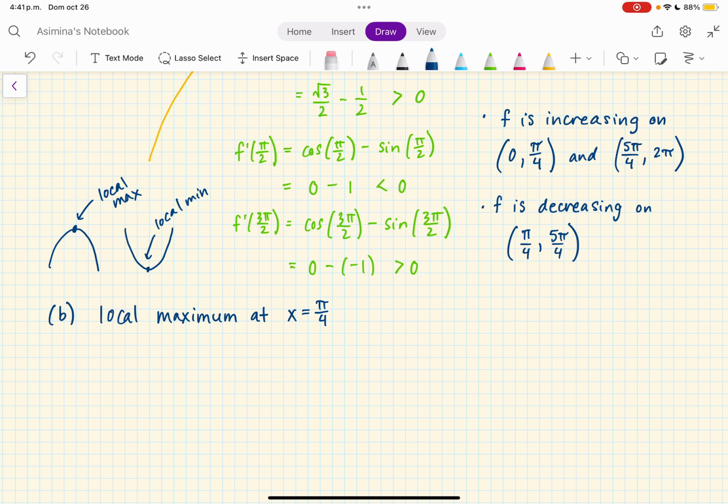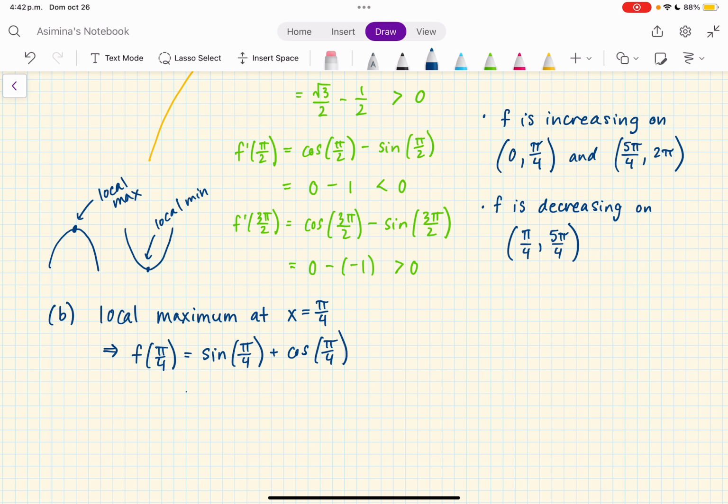Now, what's that point going to be? Well, I can just plug that into f. So f of pi over 4. Now remember, my function f is sine of x plus cosine of x. So this is sine of pi over 4 plus cosine of pi over 4.